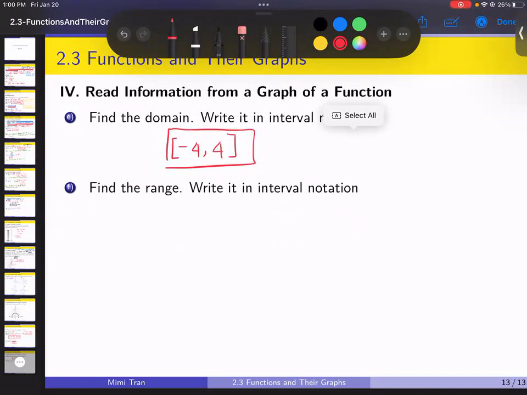Yeah, 0. It starts at the x-axis, so 0. It's kind of light, I'm sorry. And up to 4, right? Is 0 included? Right, 0 included. That's all you have to do. Can you do something like that on the exam? Yes.